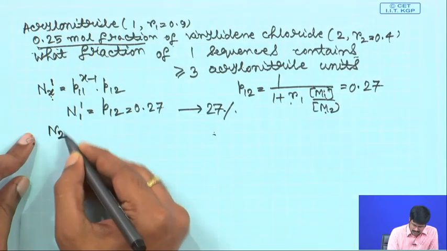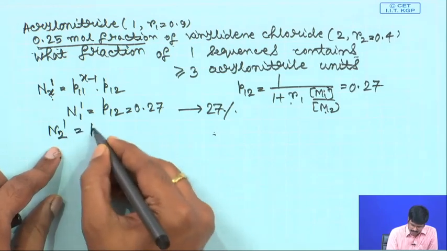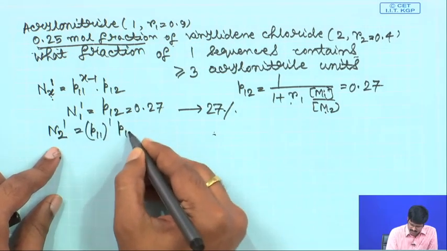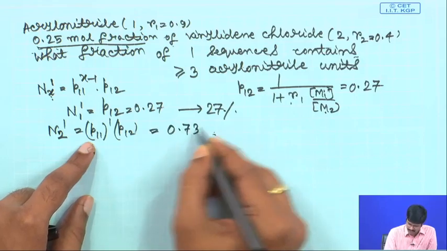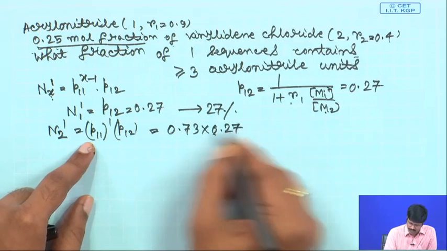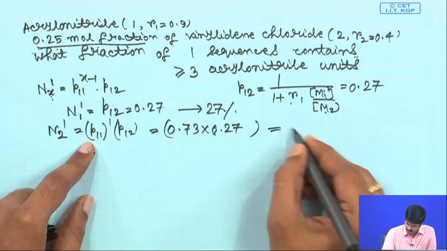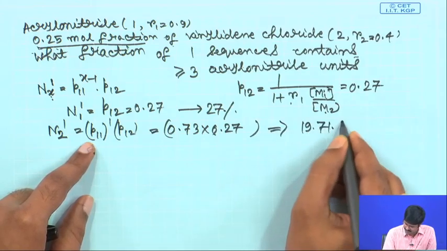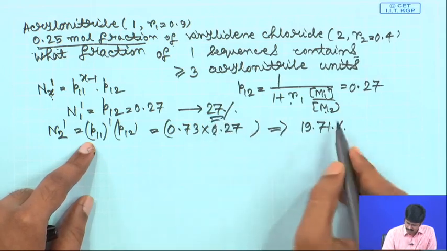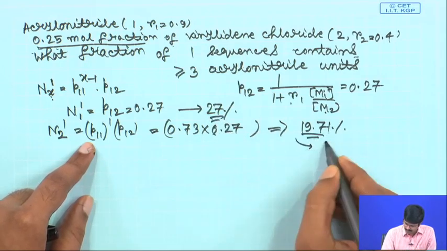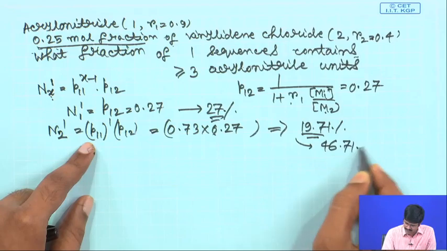What about 2 units together? That will be P11 to the power 1 into P12, and you can actually calculate this, but I will not show you here. Take it as homework. This into 0.27 comes as 19.71%. So, you just do a total of this, I think it will come to something around 46.71%.